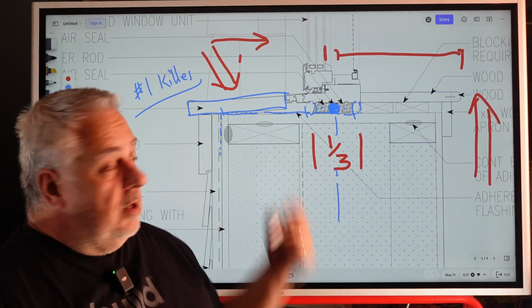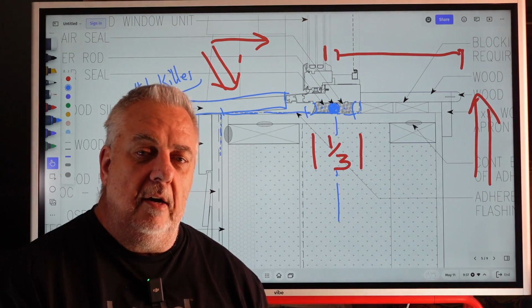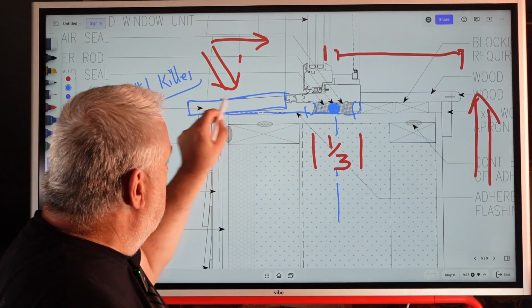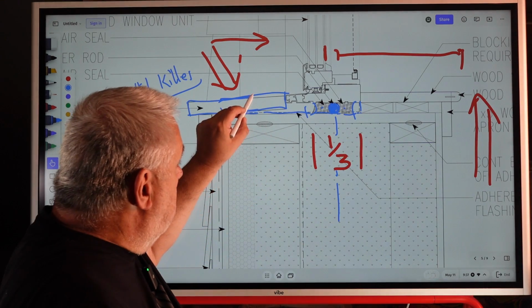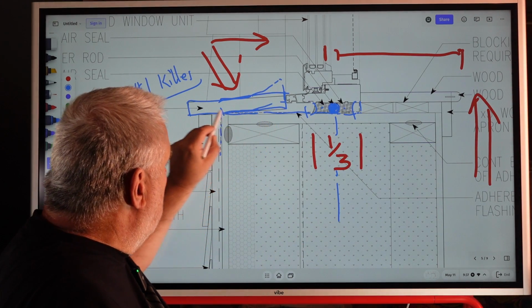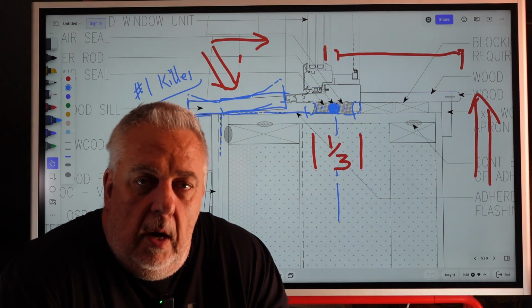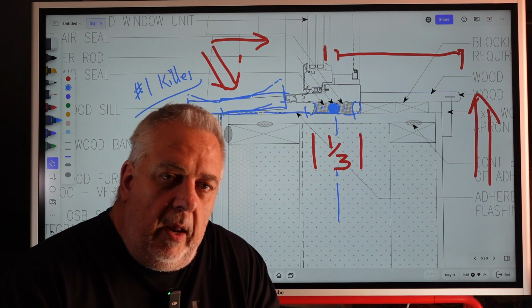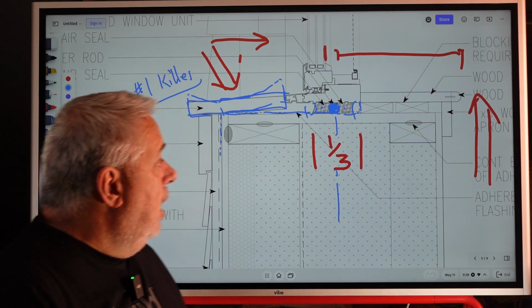Well, boards here are exposed to UV and the heat of the sun on the top side, but the bottom side is protected. So a lot of times you get some boards that want to go wonky, that want to significantly dry up and curl. So you have to really pay attention when you get these larger sills.